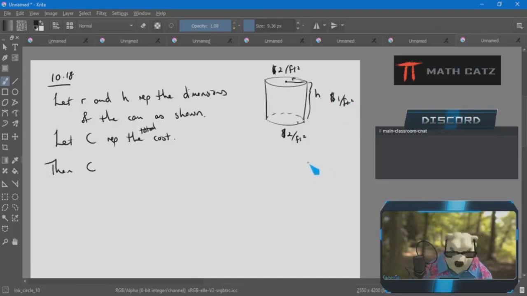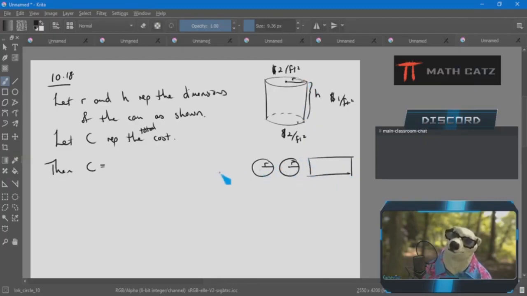Okay. So, when I calculate the cost, I have to sort of separate the pieces here. I have the top and the bottom, radius r, and then if I cut the can and fold it out, I have a rectangular side.